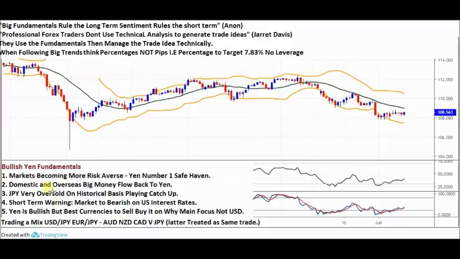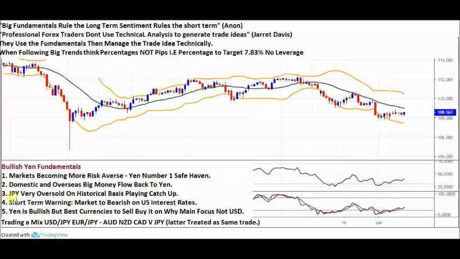Japanese investors are extremely conservative, and they're being joined by overseas investors parking money in Japan. Why? It's seen as a very safe country in times of investor nervousness, and the yen is the #1 safe haven currency.